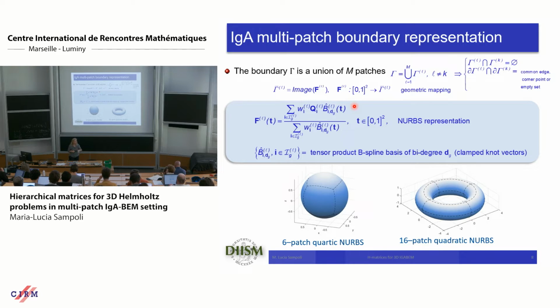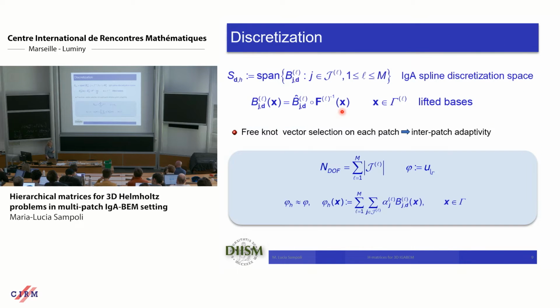This is another challenge. But in our case, we confine ourselves to the tensor product topology. And so these are tensor product B-splines. So this is for the geometry.